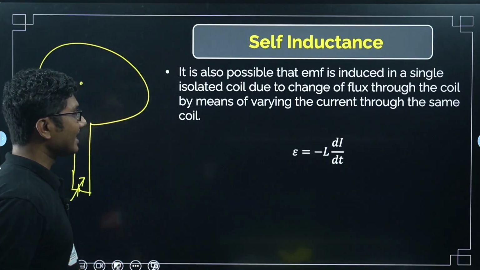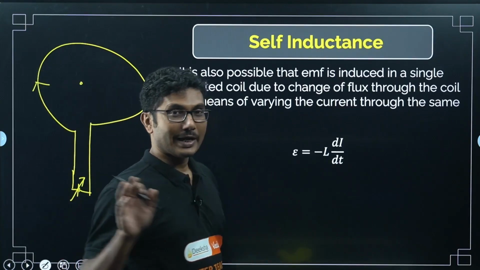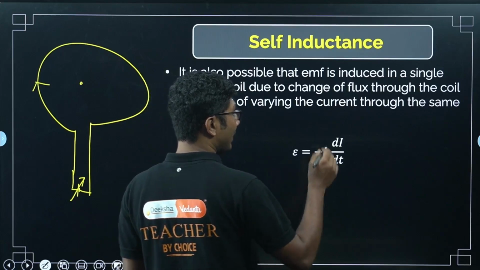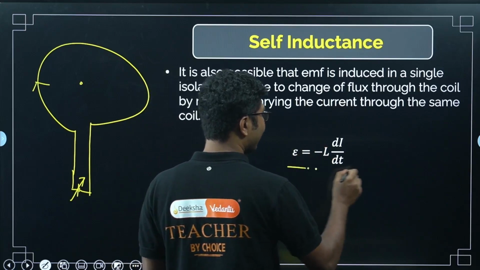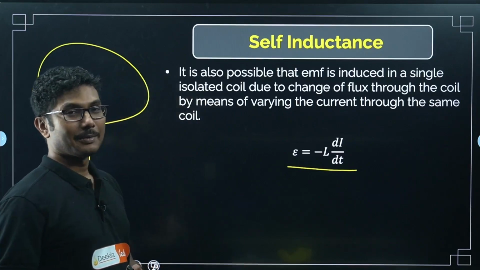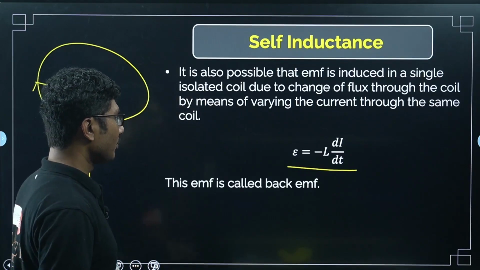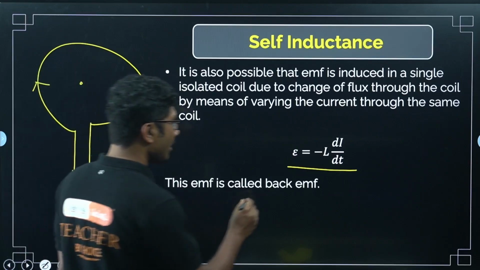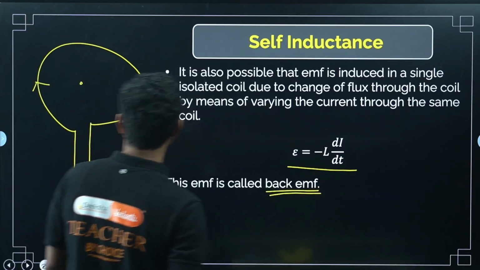Right? So that expression is similar to that of mutual inductance, but in this case only a single coil is there, and it is written as epsilon is equal to minus L di by dt. This EMF is called back EMF.